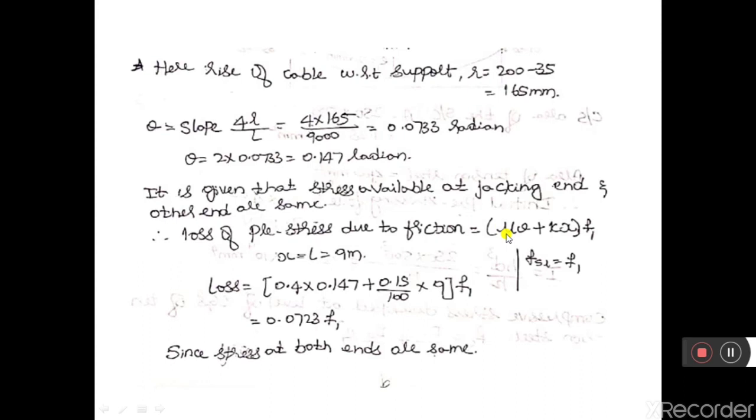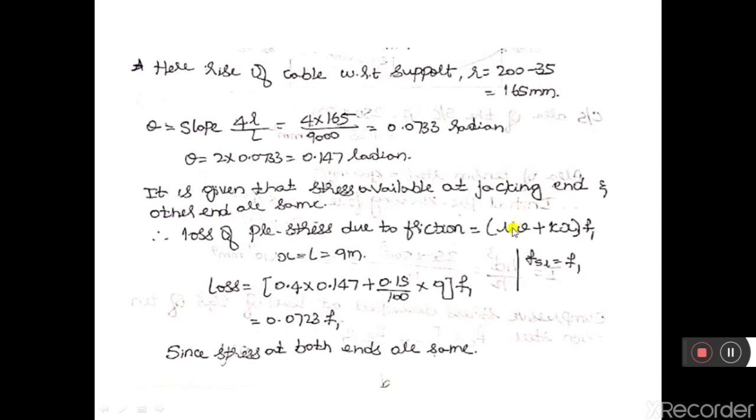Then what should be the initial pre-stress that has to be applied to the cable? Let us take it as F1, the initial pre-stress. X is equal to L, it is 9 meter. X is equal to L because the cable is pulled only from one end.